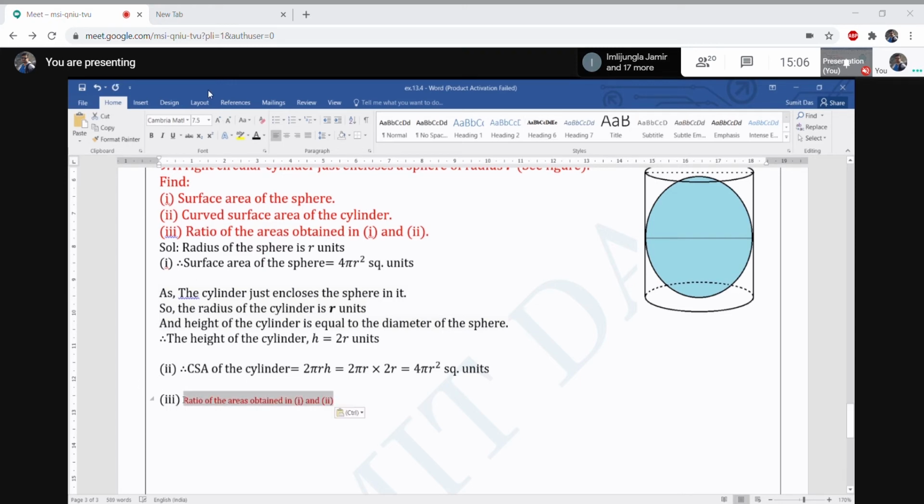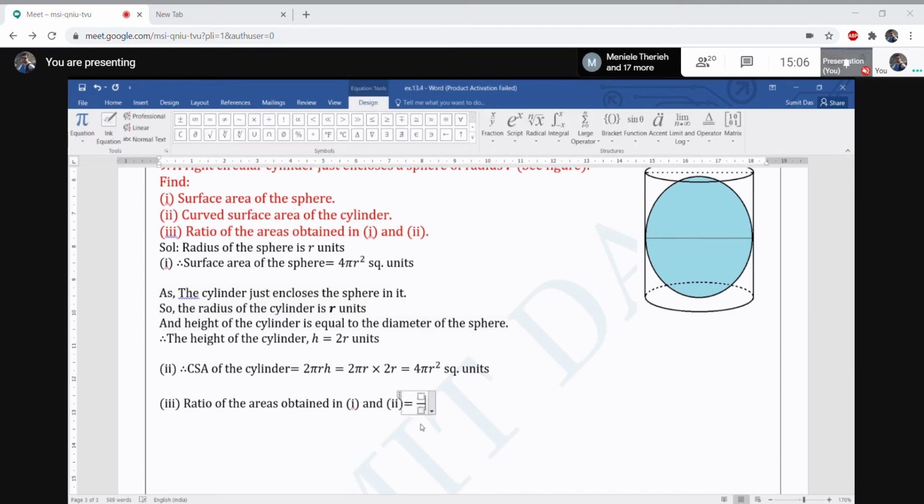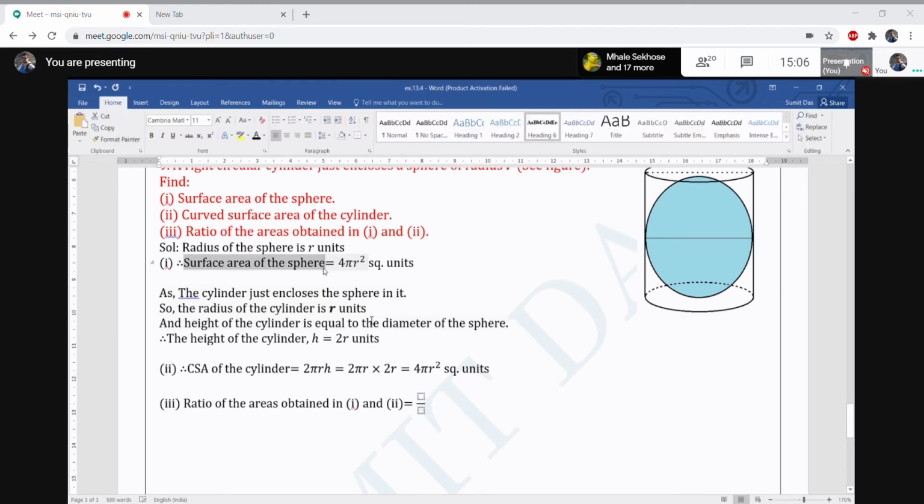Obviously ratio will be 1:1 is equal to surface area of sphere divided by CSA of cylinder. And both we got 4 pi r square, which will be equal to 1 divided by 1.